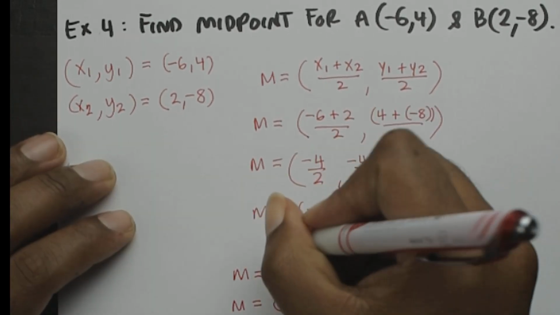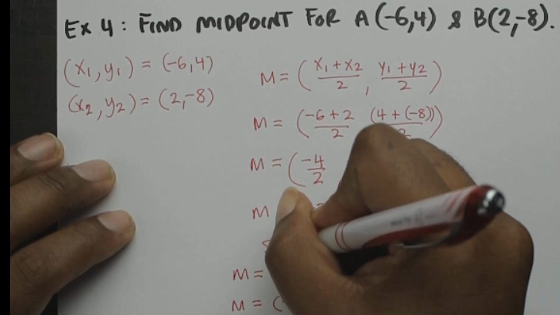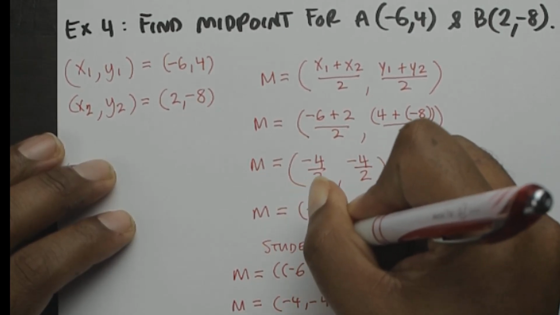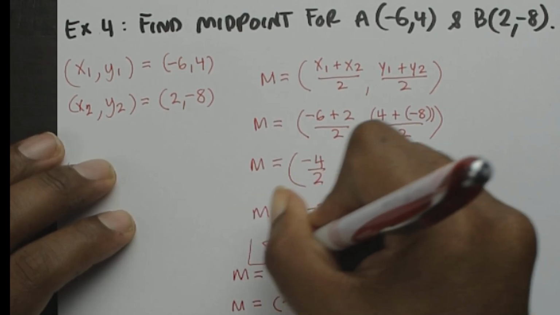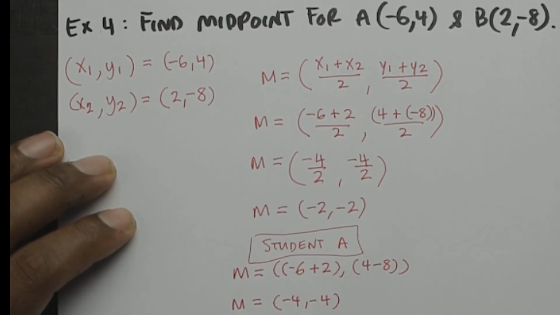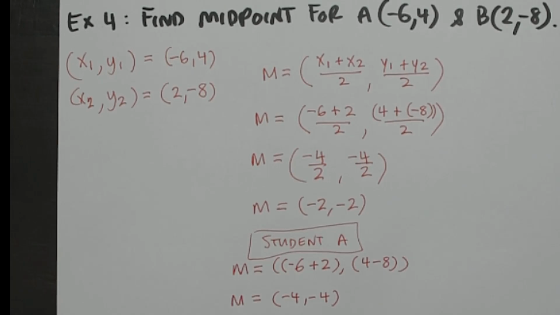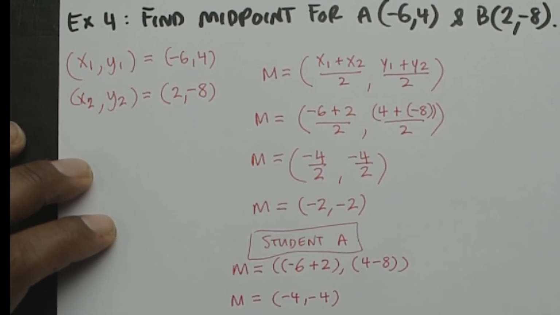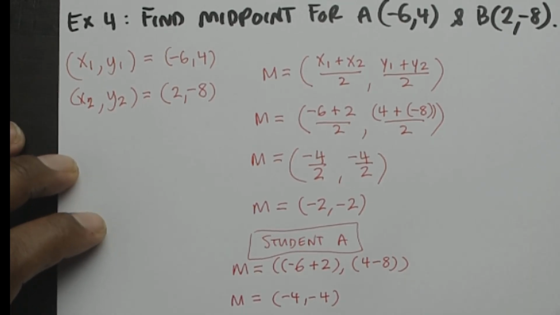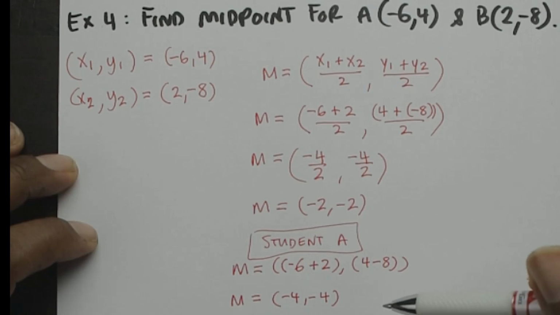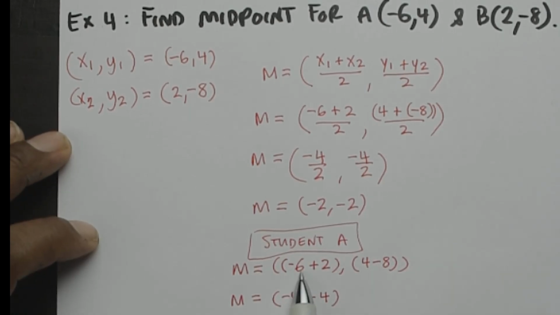Let's just say that this is student A's work. So what did the student forget? Well, the student forgot to divide each sum by 2. Okay, so what they did was they calculated this and they got this.